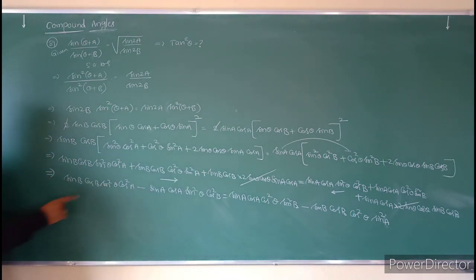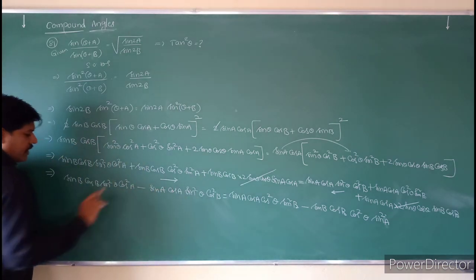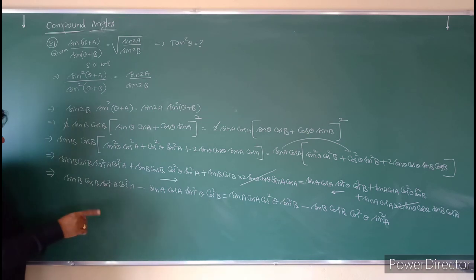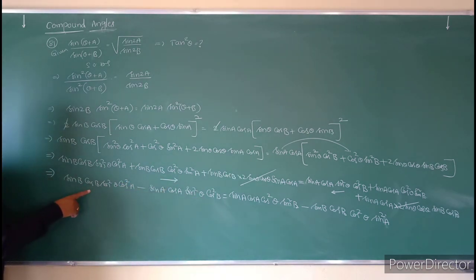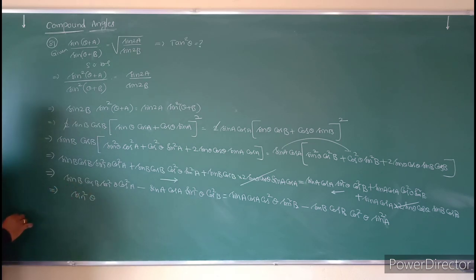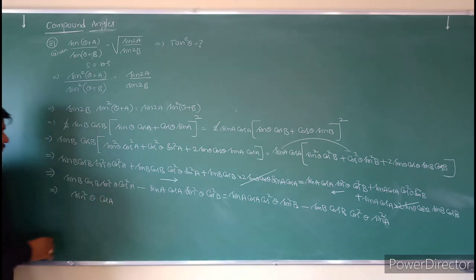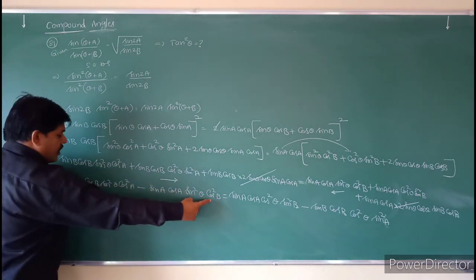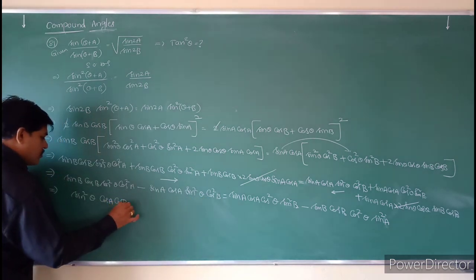From these two terms, what terms can you take common? Sin square θ is there. Next, cos A is there. Next, cos B is also there. So what terms can you take common, students? I will take sin square θ common, and cos A is there, I will take that common, and cos B is also there, I will take cos B also common.